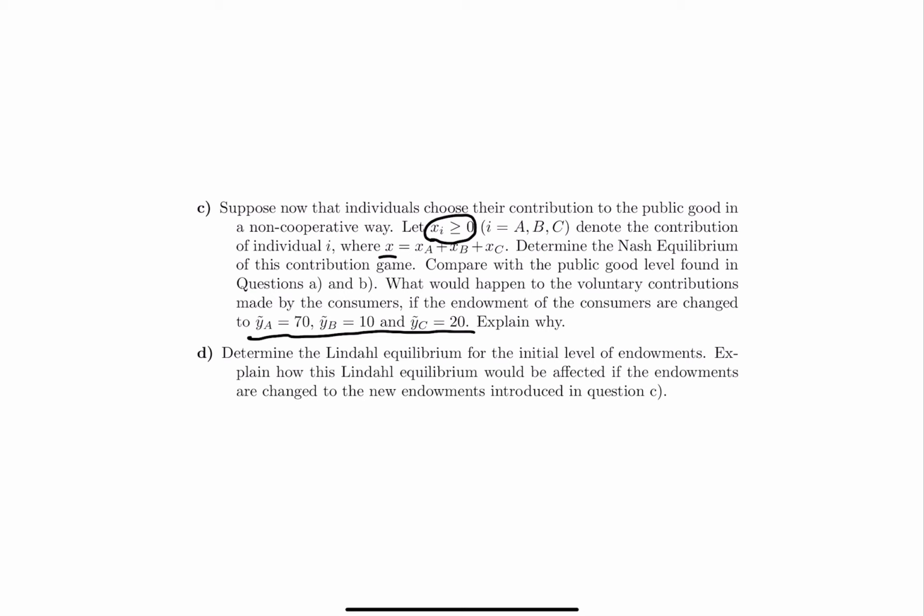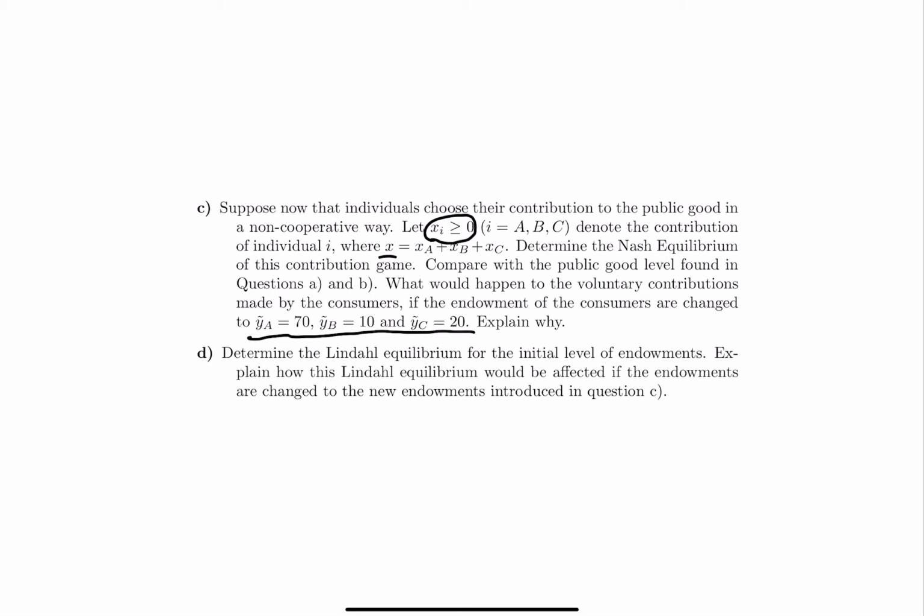Okay, so then let's go to D. We are asked to determine the Lindahl equilibrium for the initial level of endowments. A Lindahl equilibrium is an equilibrium concept where the public good is not free anymore, but it's costly to consume it. The special thing here is that each consumer has an individual price for consuming the public good.